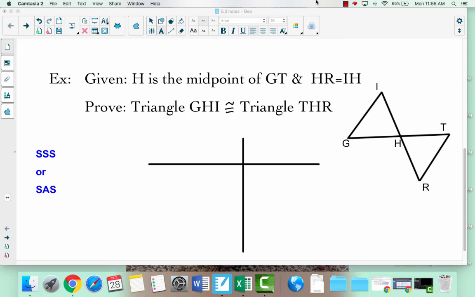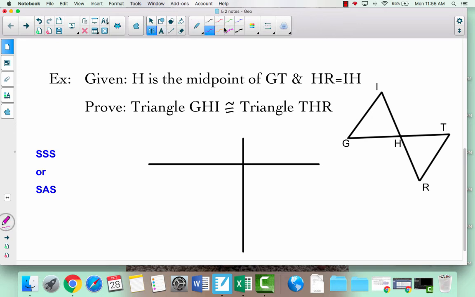My suggestion when you're doing proofs using triangles is to mark as much information as you can at the beginning, because this is going to help you determine which method you're going to use to prove triangles are congruent. So we want to know if we're going to be proving these triangles congruent by side, side, side or side angle side. So let's mark what we know is given to us. They tell you H is the midpoint of GT, and HR is equal to IH.